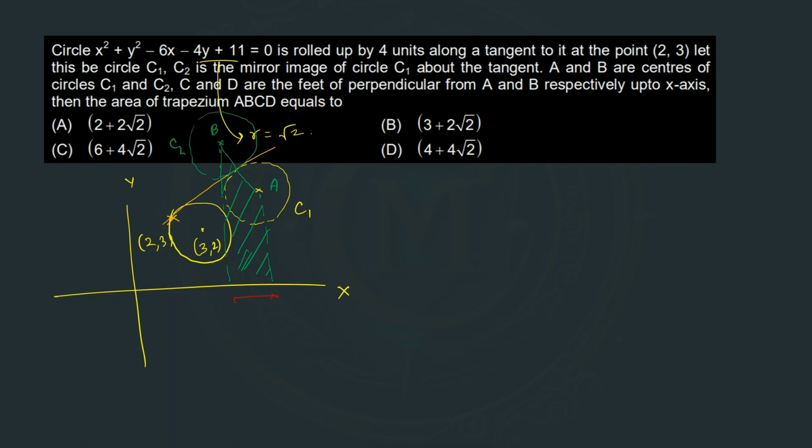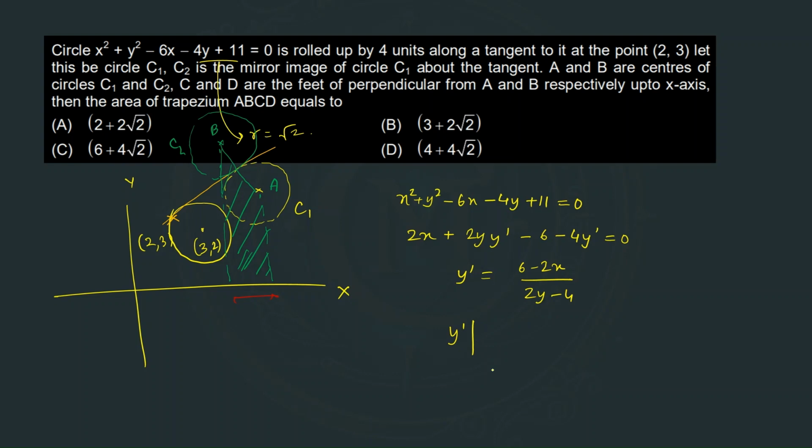If we differentiate the equation x² + y² - 6x - 4y + 11 = 0, we get 2x + 2y y' - 6 - 4y' = 0. So y' will become (6 - 2x) divided by (2y - 4). So y' at the point (2, 3) will become 2 over 2, so 1.